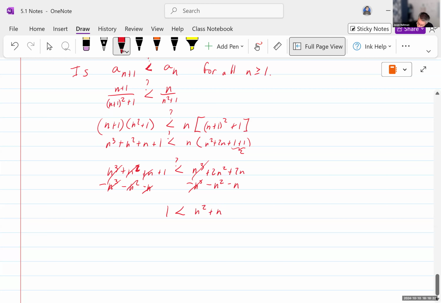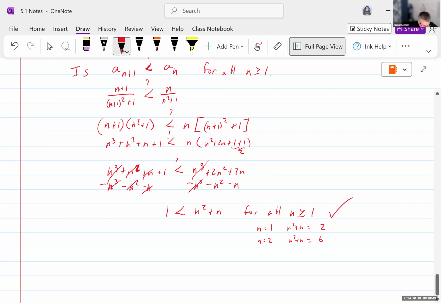Is that true for all n greater than or equal to 1? We could start with 1 and see very quickly that this is true. If n equals 1, then n squared plus n is equal to 2. If n equals 2, we get 6, and it's just going to keep getting bigger and bigger. So this is true.